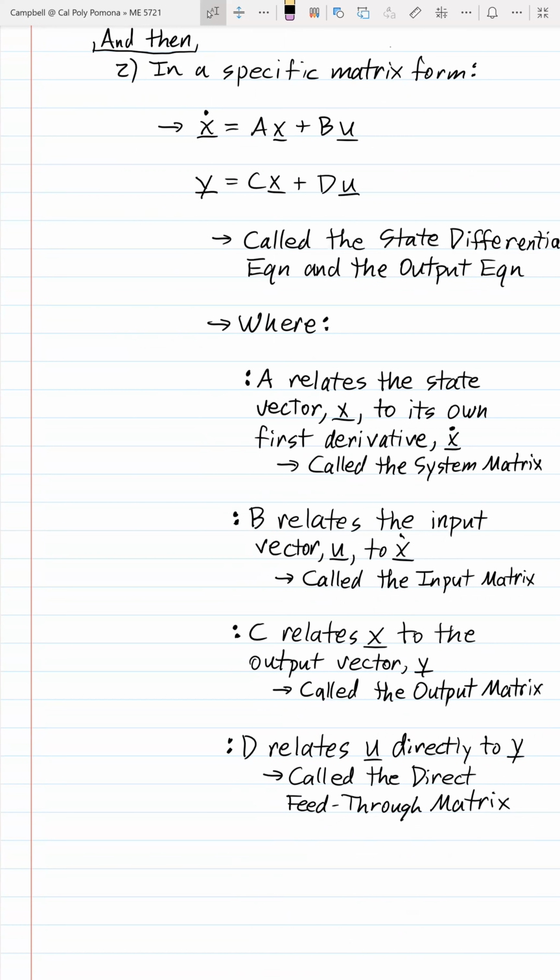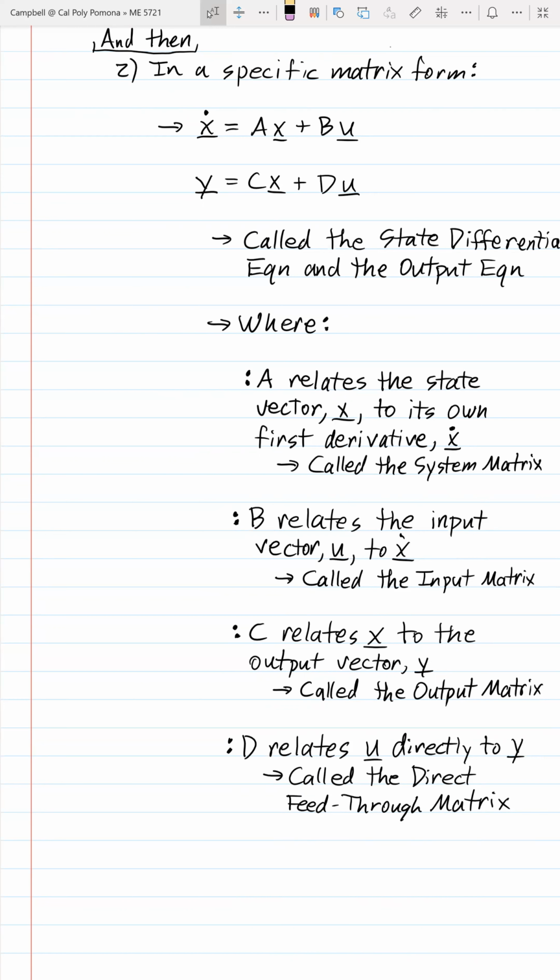Additionally, and here is a really important distinction, we're dealing specifically with input vectors and output vectors. What does that mean? Well, vectors are a collection of quantities. So this state space method is not restricted to just a single input and a single output, unlike the transfer function.